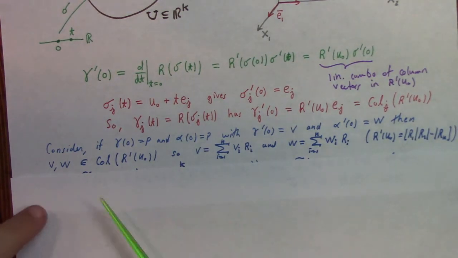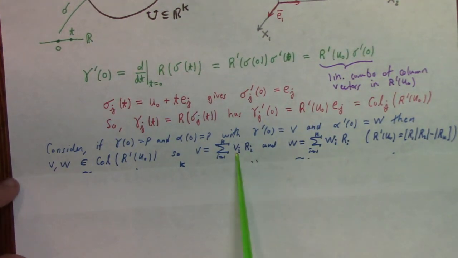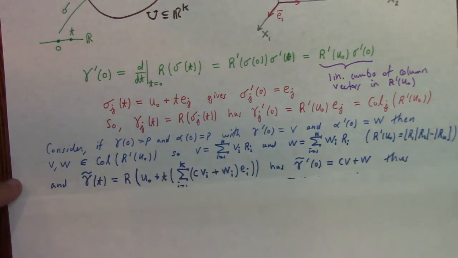So clearly v and w are in the column space of R prime at u naught, which means if I make this my notation for the columns, I can build v from this linear combination of columns, and I can build w from that linear combination of columns, where I'm using v sub i and w sub i for the numbers which build that linear combination. Basically, v_i and w_i are coordinates with respect to the natural basis for the column space, just the columns of the Jacobi matrix.